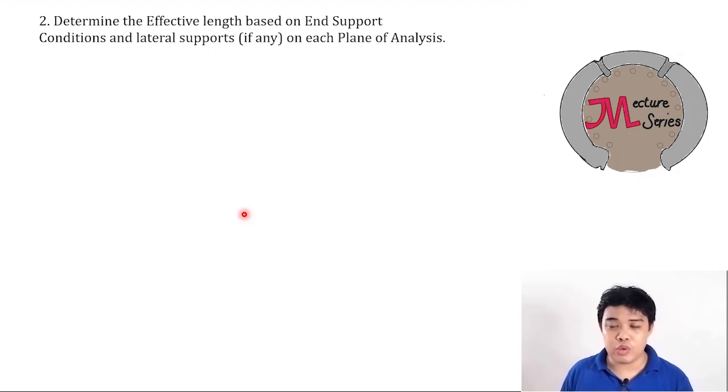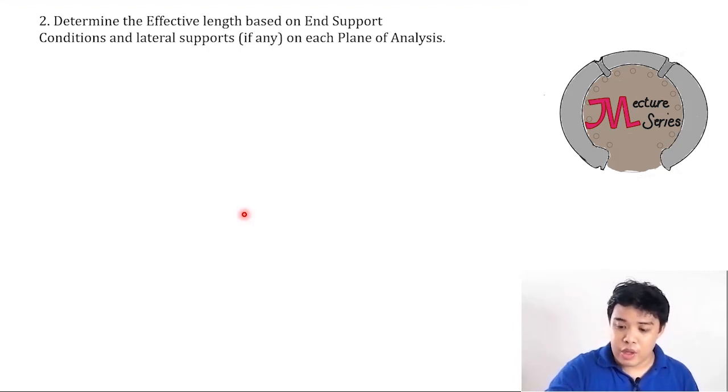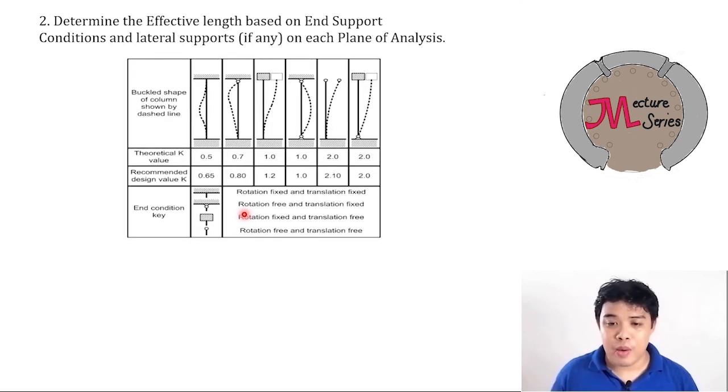And now let us move on to the next rules in determining the critical slenderness ratio. So the next rule is to determine the effective length based on end support condition and lateral supports, if any, on each plane of analysis. We have a term called effective length factor. That is the value that you should multiply on the unsupported length to convert the unsupported length into effective length.